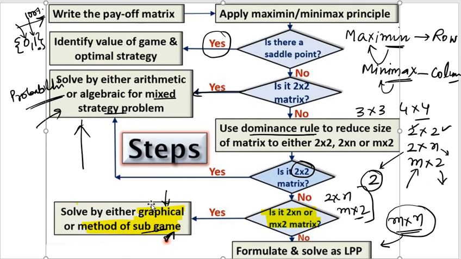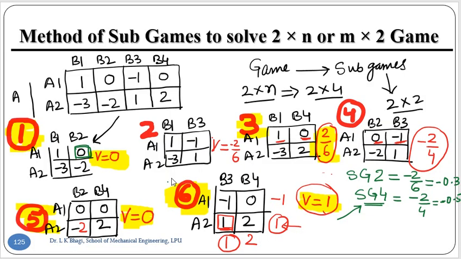This game is basically from the perspective of B. Because A already has two strategies, we look from the perspective of B. If it is the opposite, if B has 2 and A has 4, then whatever large value B has, we select the subgame accordingly.